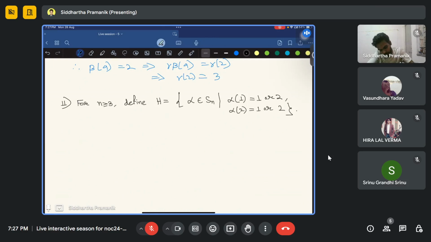So this is a subset of Sn. So prove that H is a subgroup of Sn, and also determine what is the order of H, meaning the cardinality of the set H.